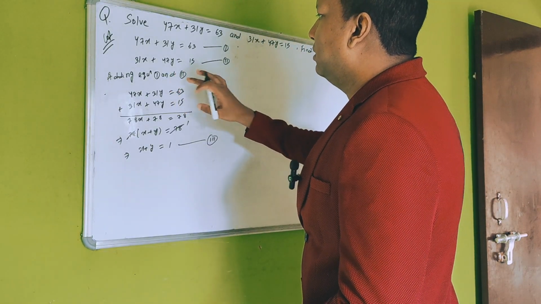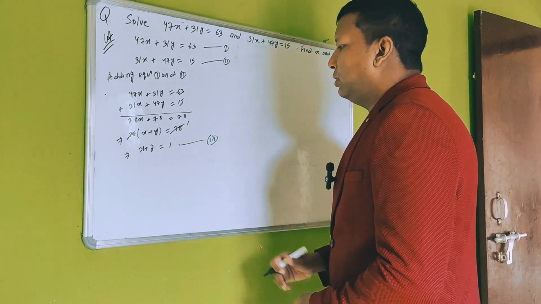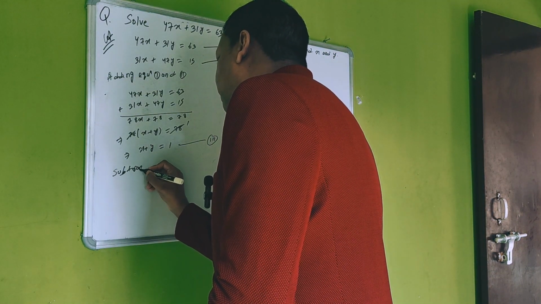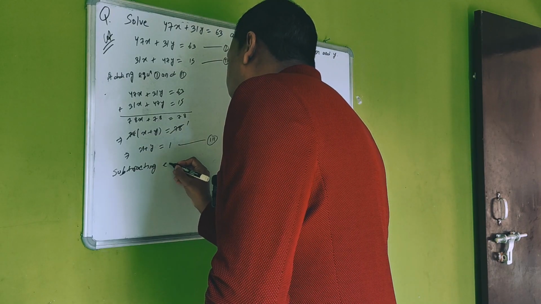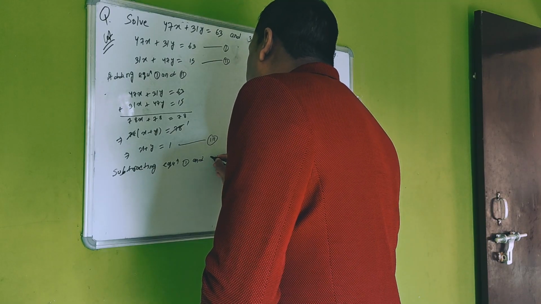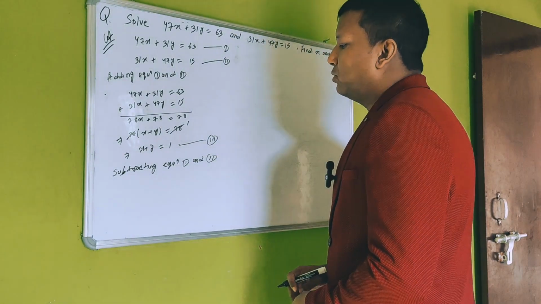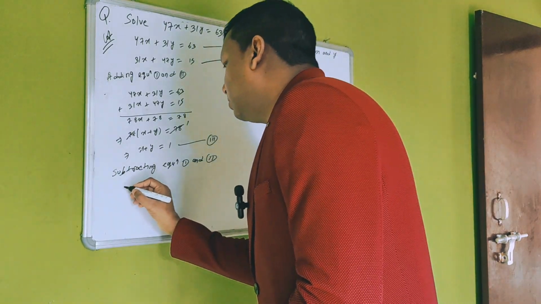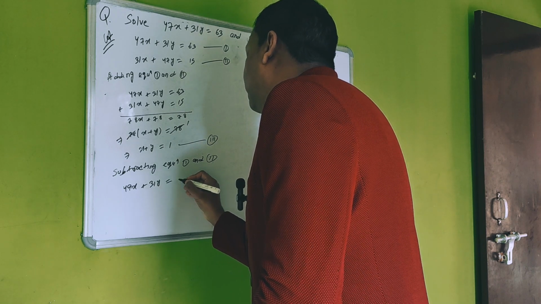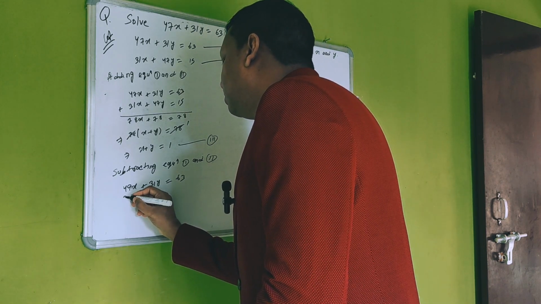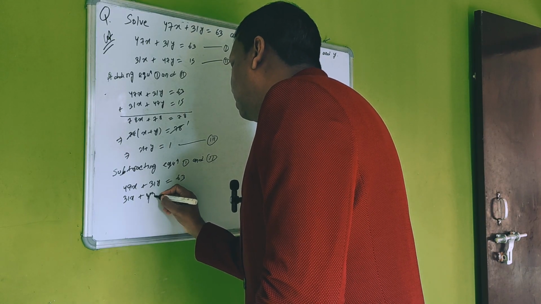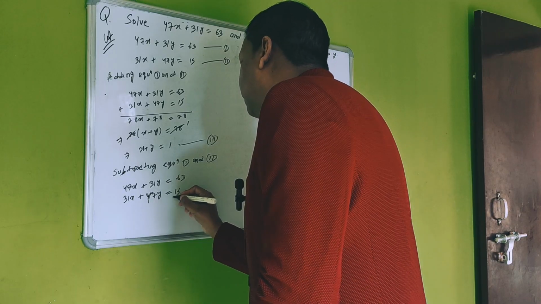Here first I added, then I'm going to subtract equations 1 and 2. So writing there, subtracting equation 1 and 2. Let's write 47x plus 31y equal to 63, and 31x plus 47y equal to 15.